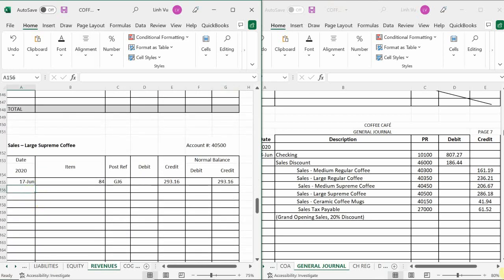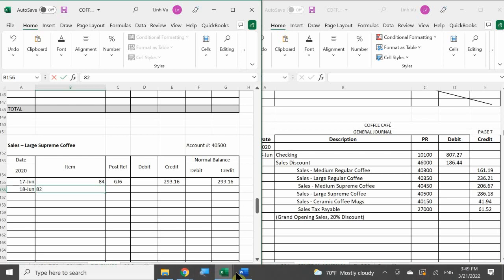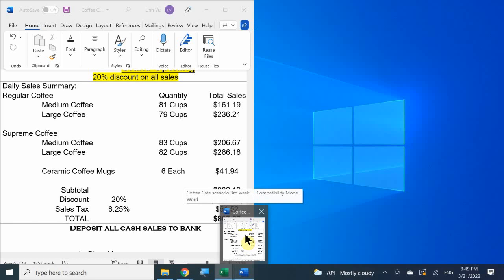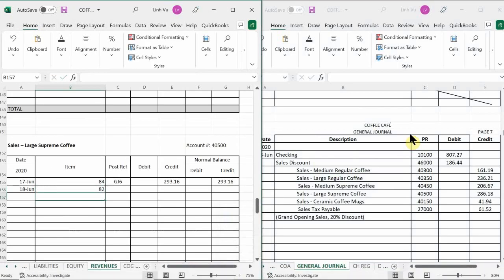We also sold large supreme coffees. How many cups did we sell? I think we sold 82. Yes, we sold 82 of the large supreme coffee cups.